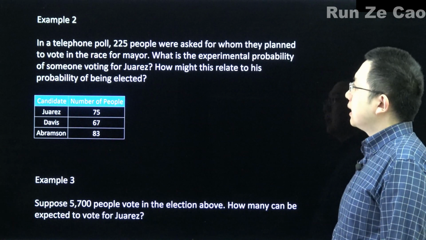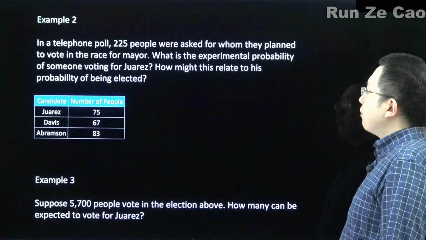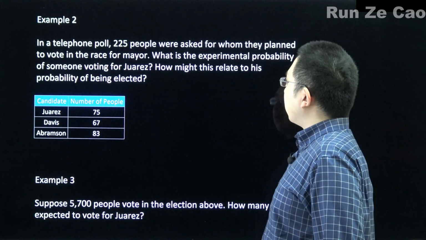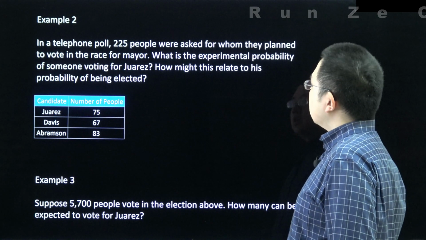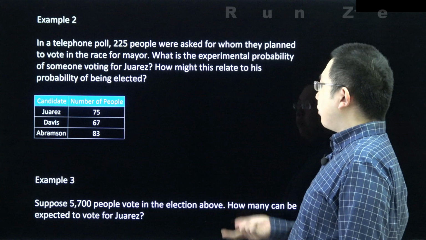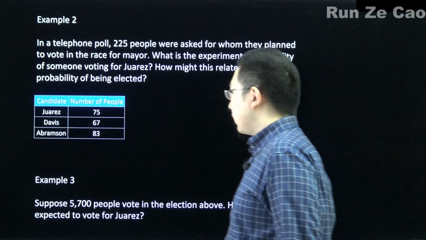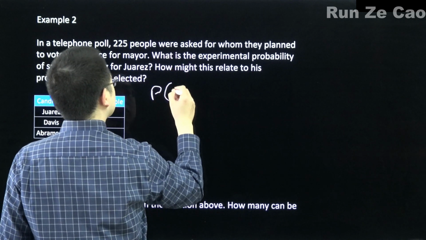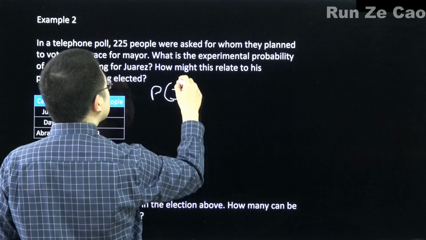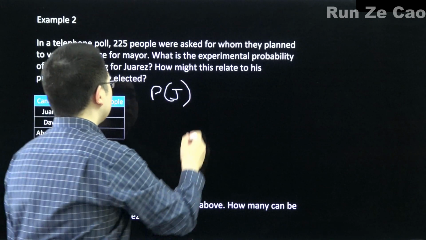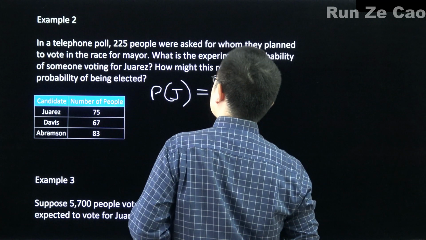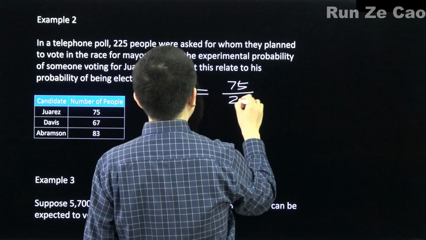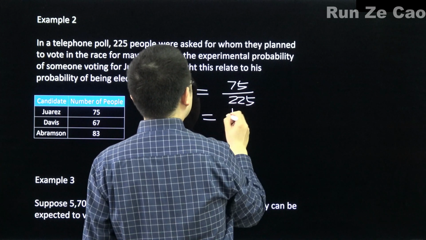All right. Let's say we make a telephone poll and we ask 225 people who they plan to vote for in the race for mayor. And the experimental probability of somebody voting for Huarei, I'll just use PJ for this, is equal to the number of people who said they would versus the total number of trials, which happens to be 1/3.